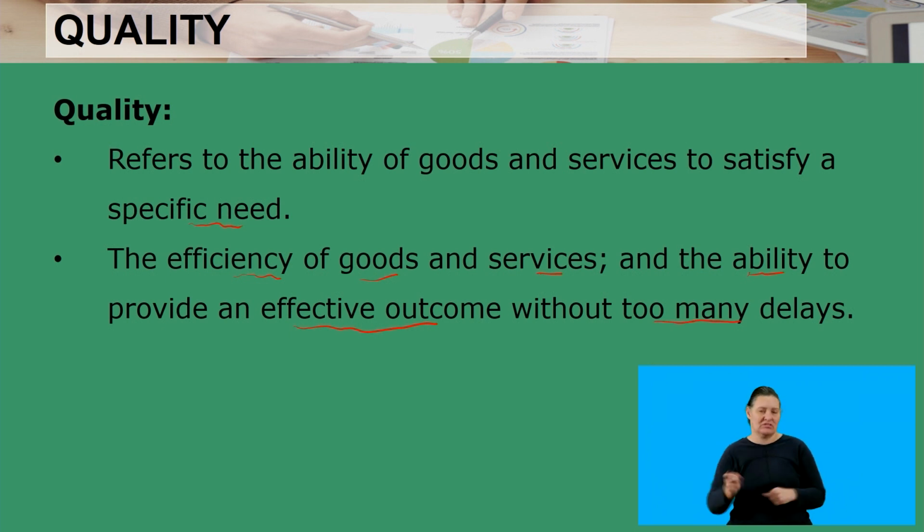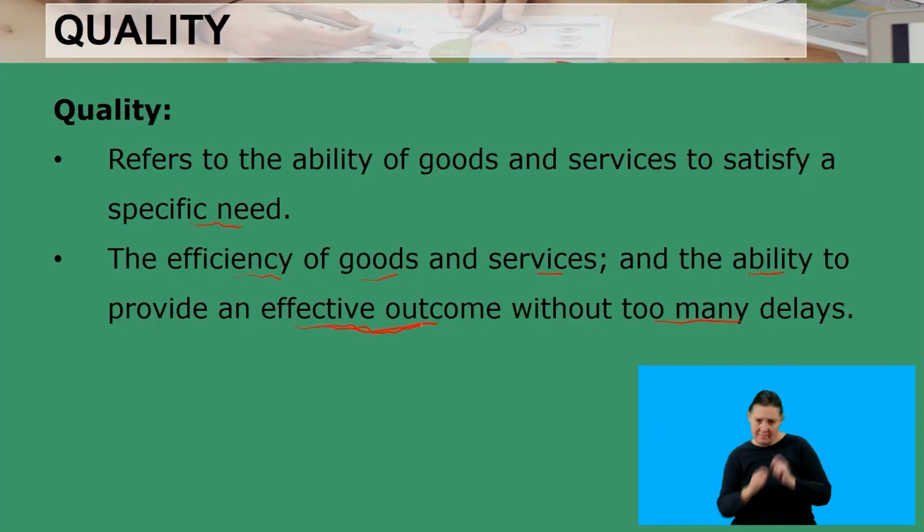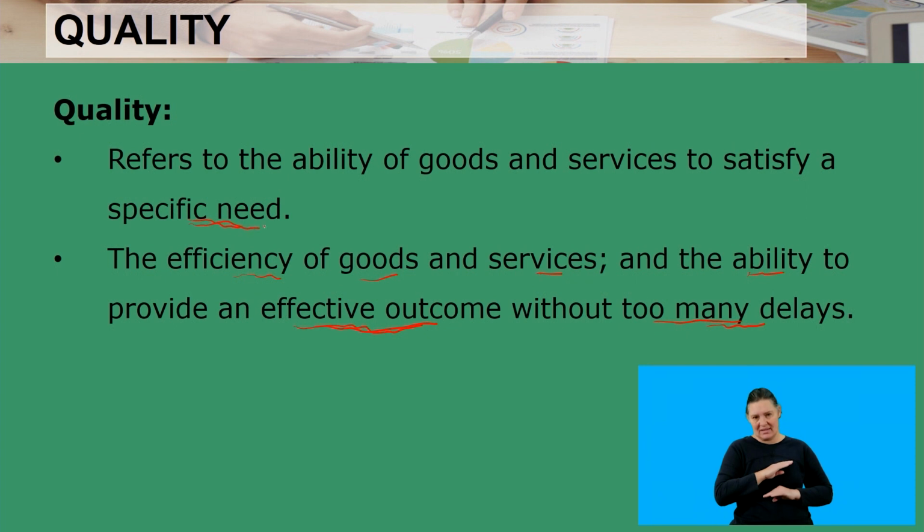Remember, with a service, it would be offered by a hair salon. So the salon would offer a service and they should make sure that they offer effective outcomes without too many delays, because that can lead to a customer not being happy. But with the product, it should be able to satisfy the specific need.